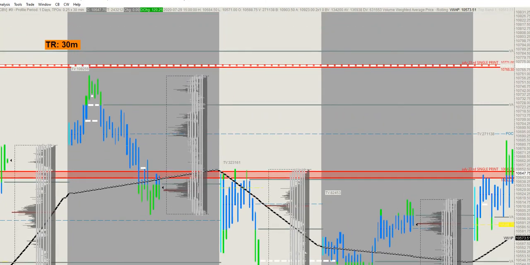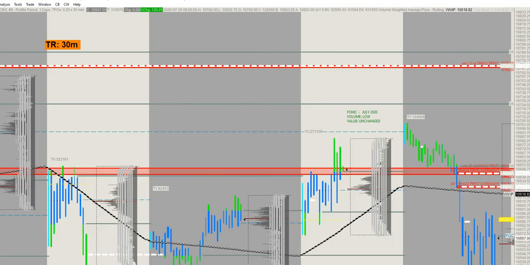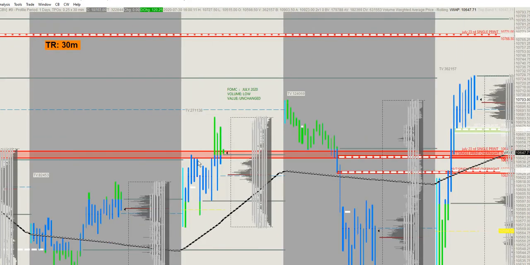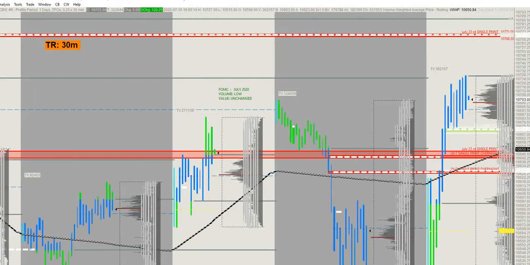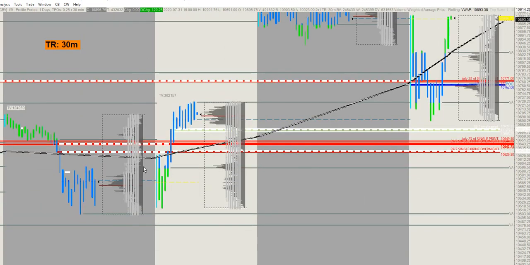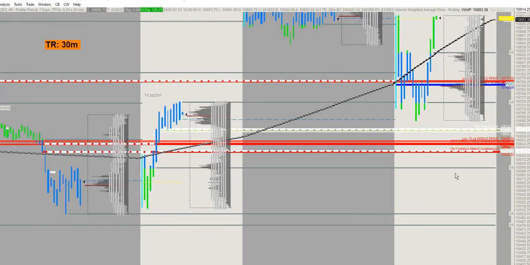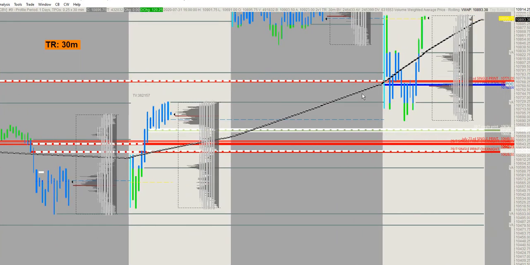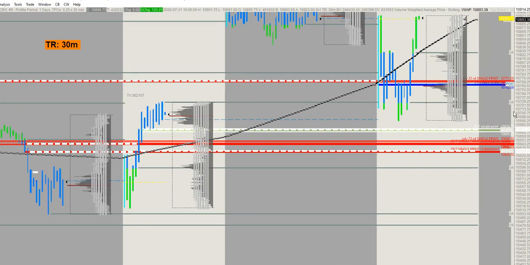And then we had a hard time getting through it again here on the 29th. And then that same level, we came back and converted that level into support. And then we created another single print here, which also became support. And it looks like that area is going to most likely be very important going forward.